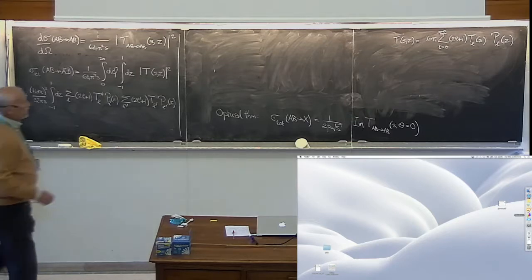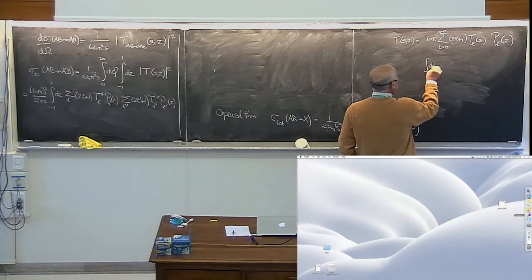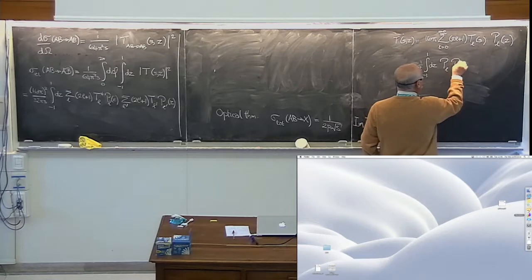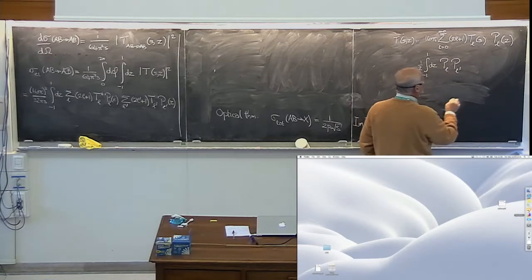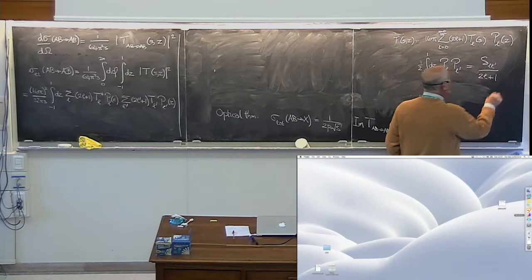And then the other property we need is that the integral of the Legendre polynomials is equal to 0 unless L and L primed are equal, and then there is a normalization of 2L plus 1.